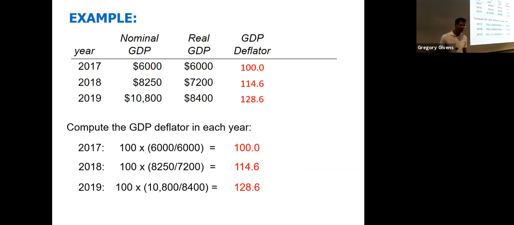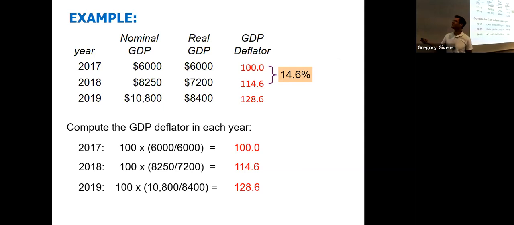Once we've computed the deflator, it's very easy to calculate the inflation rates, right? We just apply the growth rate formula to these numbers. What is the inflation rate between 2017 and 2018? It's 14.6%. Now, just to be clear, where do those numbers come from?